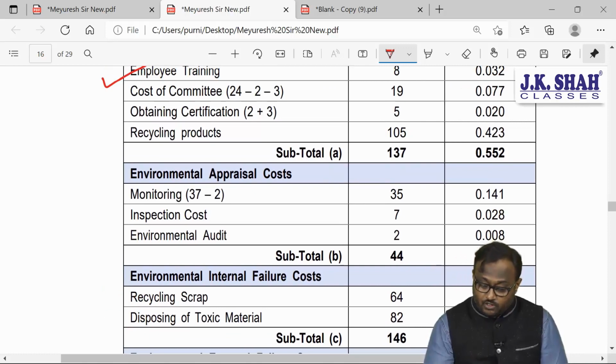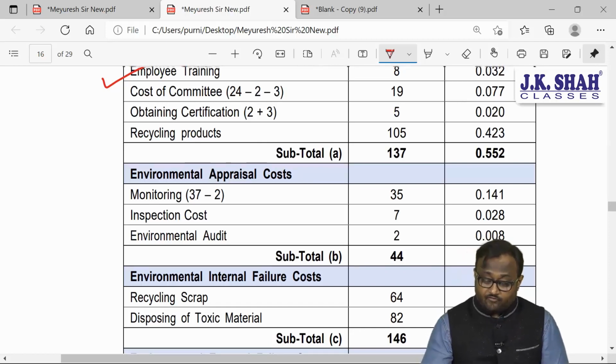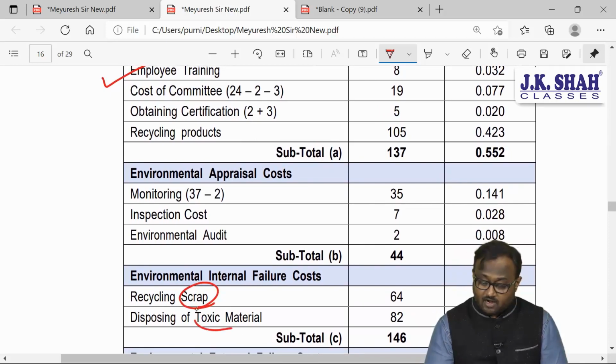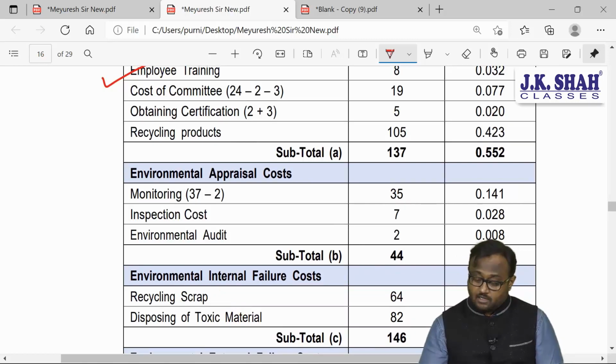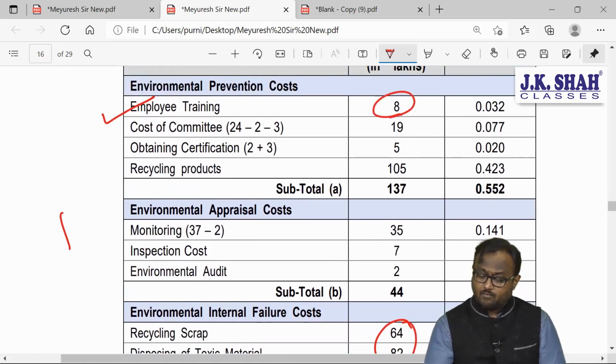If you focus more on training, the production will be done in the most diligent and most professional manner, which will minimize the wastage, because they will be aware of how to manage the production with the minimum wastage, with the minimum emission. If that happens, environmental toxic and environmental scrap can be avoided. So in order to avoid this, you can start spending more on this.